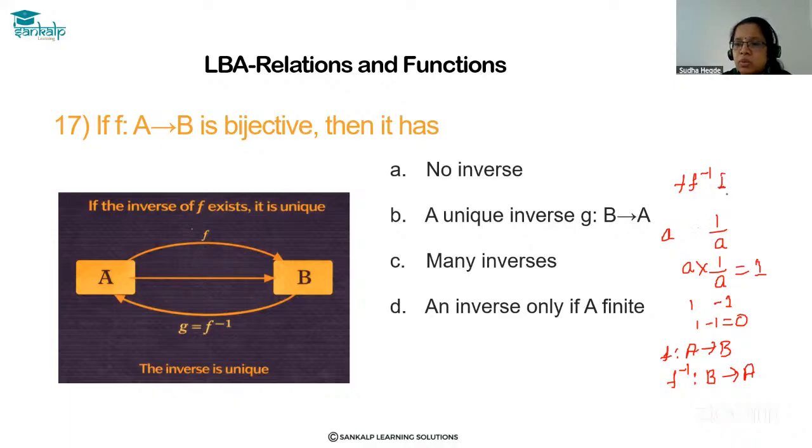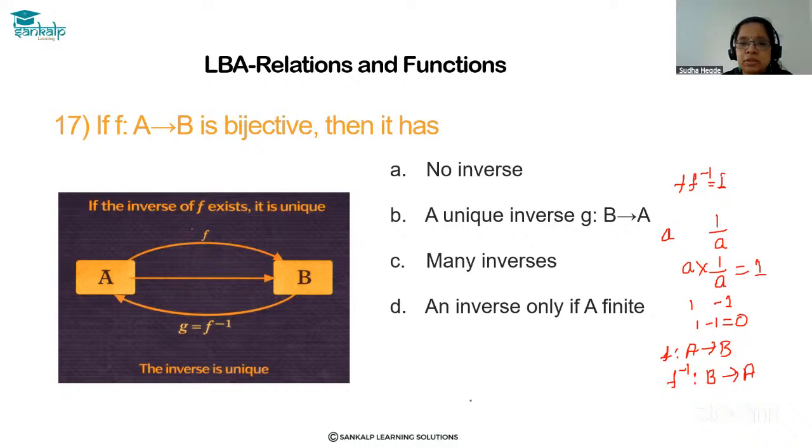Okay? So, this will be identity mapping. And f inverse will be like other cases, it must be unique. Here in this case, f inverse is taken as g. g will be from b to a.